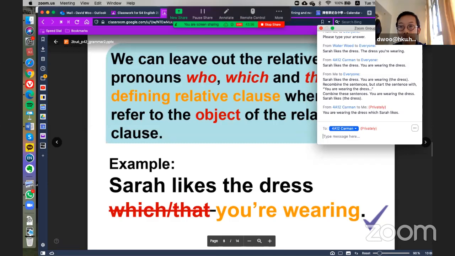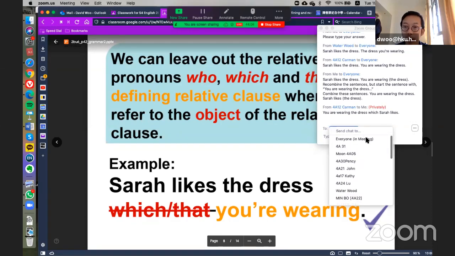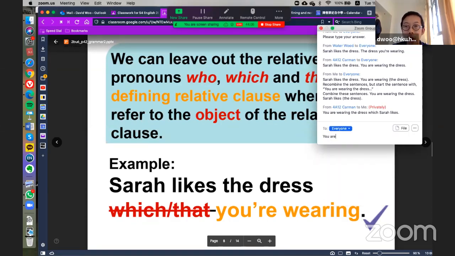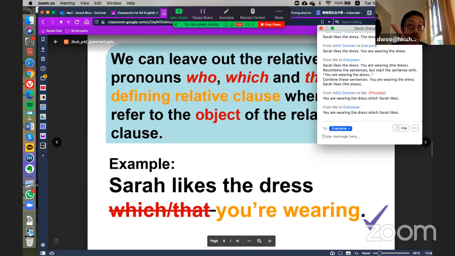Yes, Carmen. Okay. So that's one possible answer. You are wearing the dress which Sarah likes. That's one possible answer. I think there are two more possible answers.